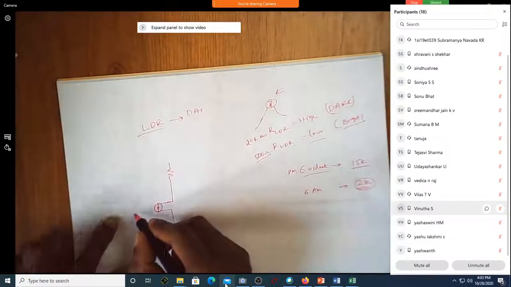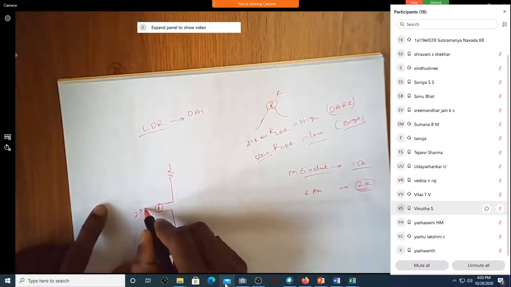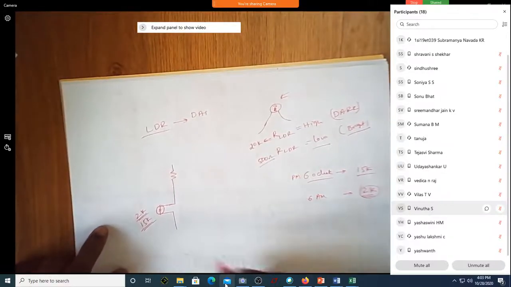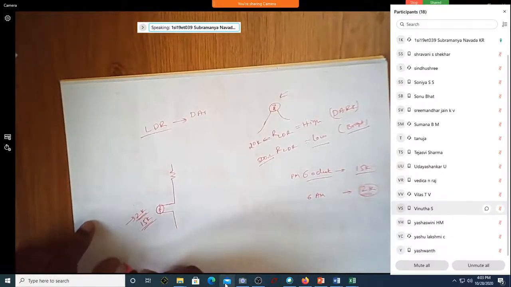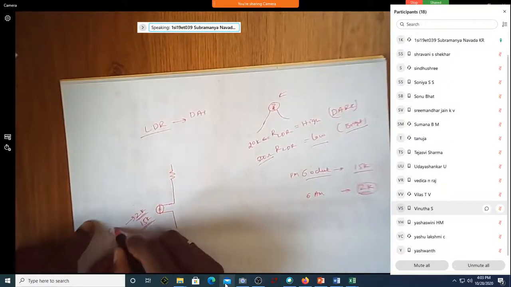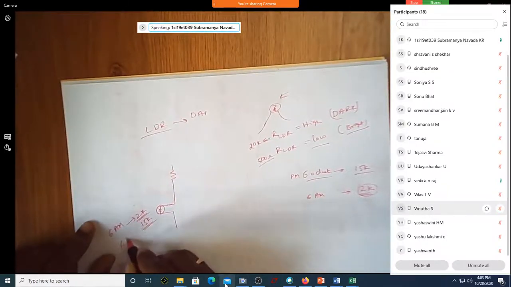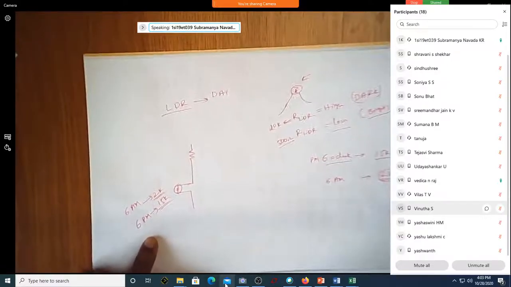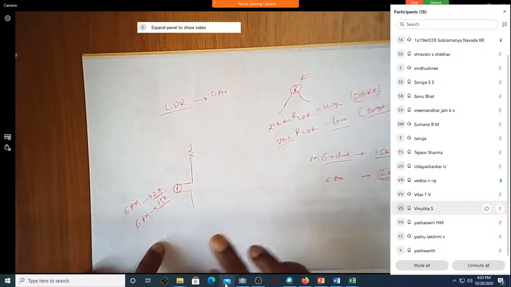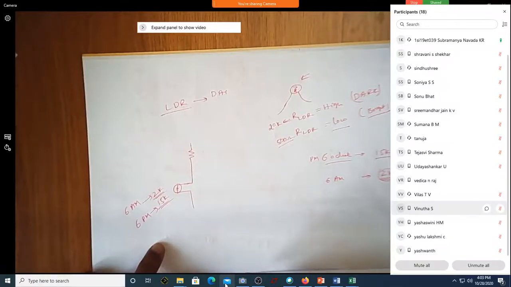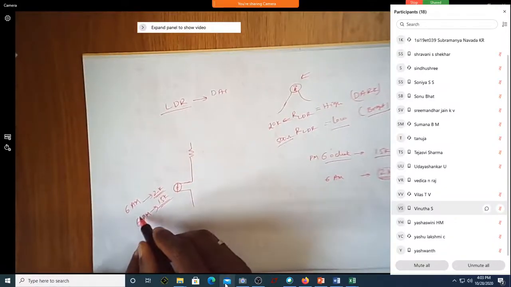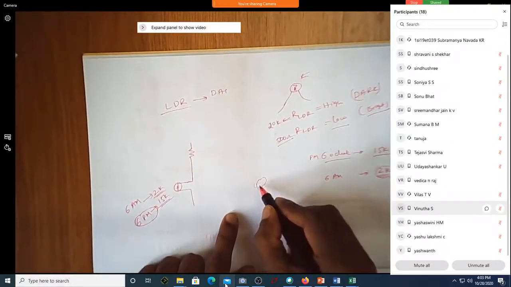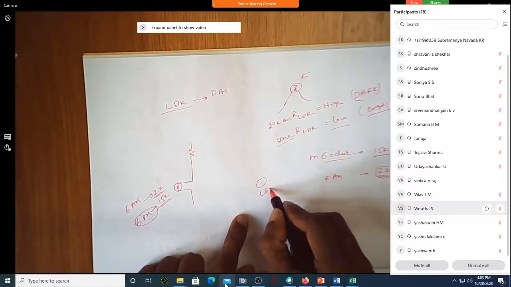So this value will vary from 2K to 15K. Correct? It is 2K at 6 a.m. in the morning, and 15K at 6 p.m. Now the requirement is, if it is 6 p.m., there is a bulb, or you take an LED itself, and this LED should turn on.